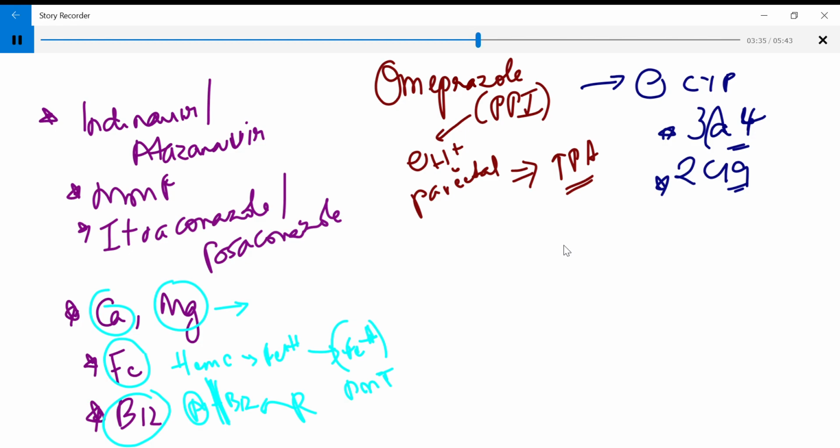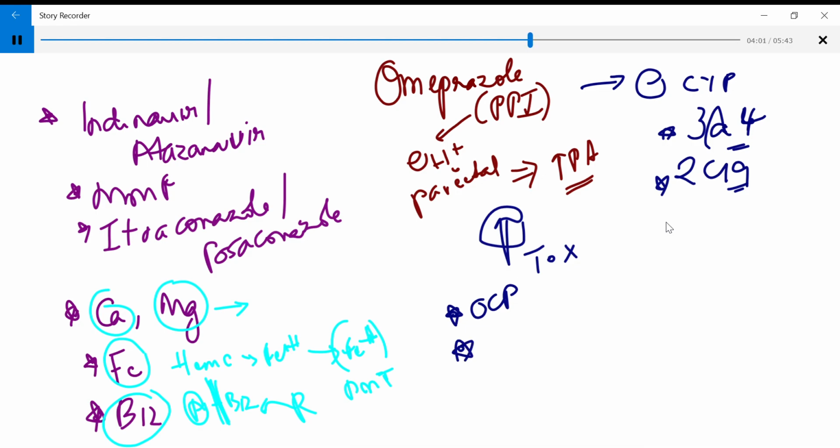So when they inhibit these cytochrome enzymes, the drugs that are metabolized by these will increase in levels. So it can lead to toxicity with certain drugs, because these drugs are all substrates of cytochrome enzymes, and when the cytochrome enzymes are inhibited, these will obviously go up and cause toxicity.